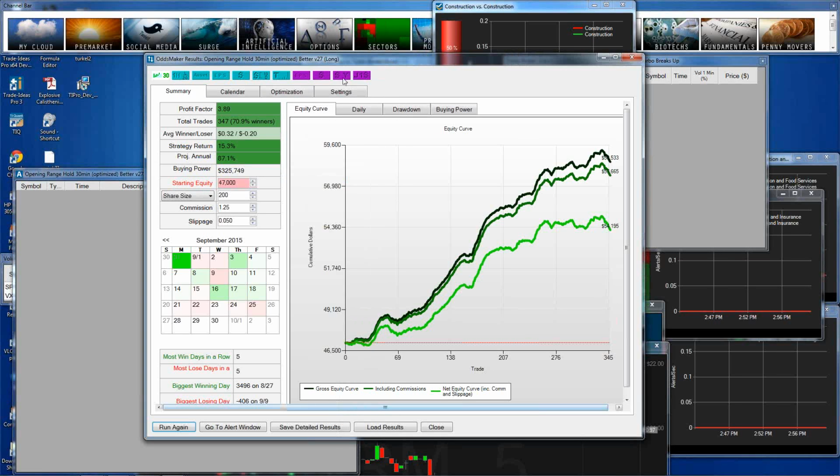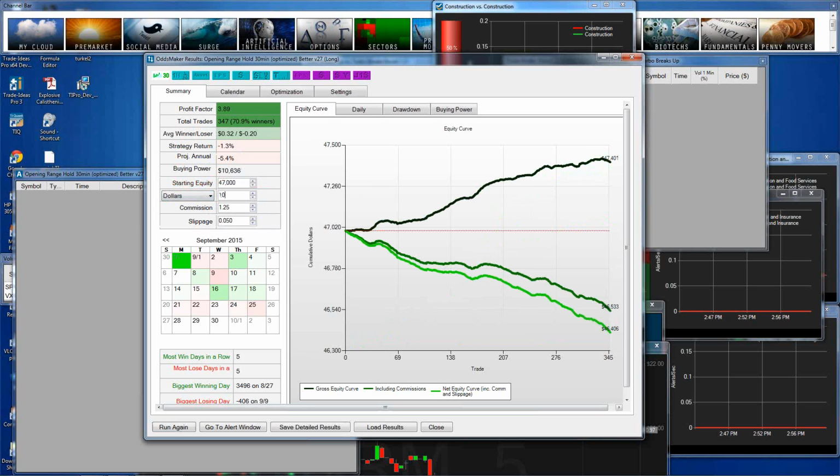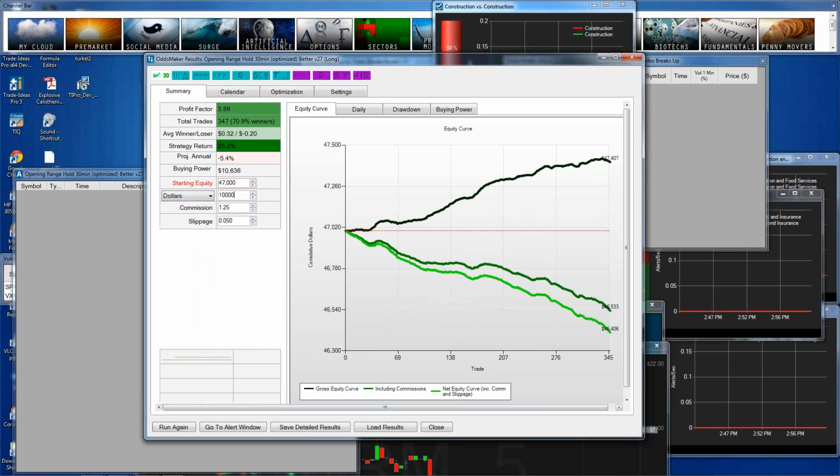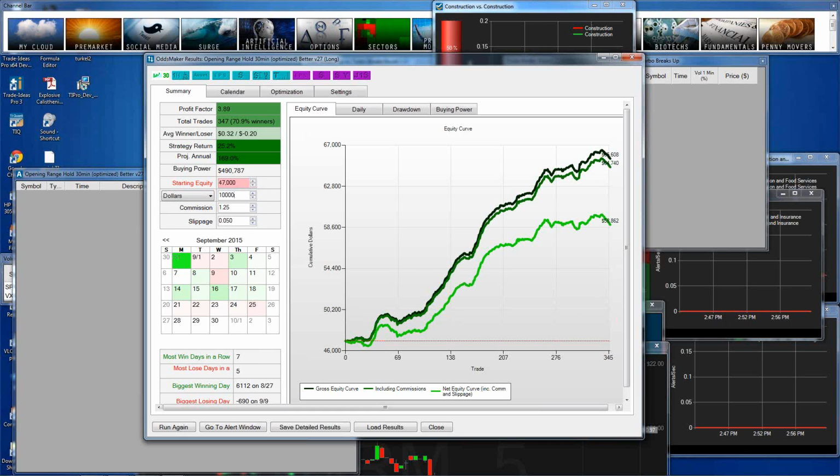And then, more importantly, we give our users the ability to customize their strategy based on their trading account characteristics, like how much equity do you have? What do you trade? Do you trade 100 shares per trade, or do you prefer to do $10,000 a trade and just get as many shares as you can for that specific stock? We also allow you to factor in your commission rate and slippage. That's very important, because most software packages out there that have a backtester will show you this black equity curve, which is gross.